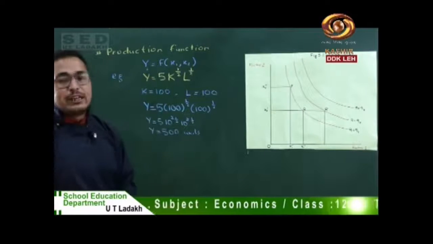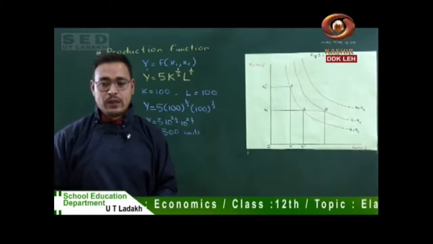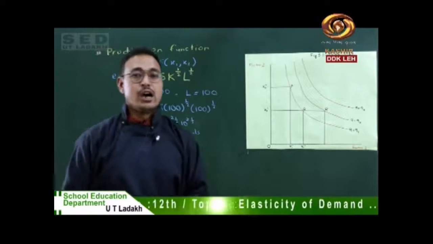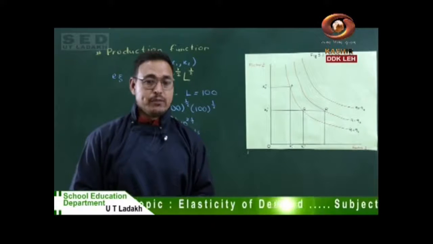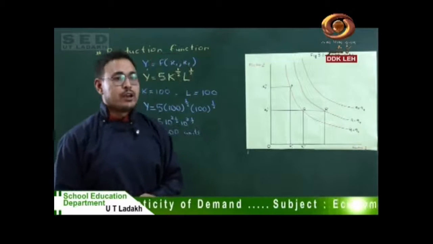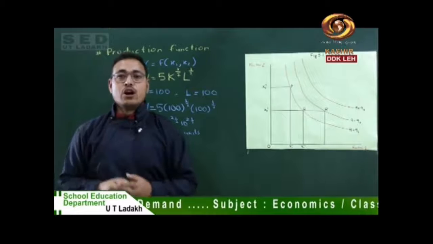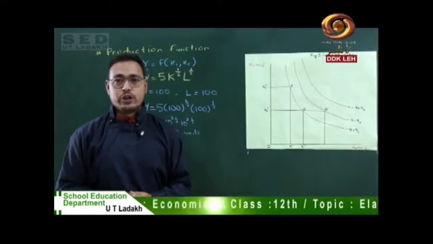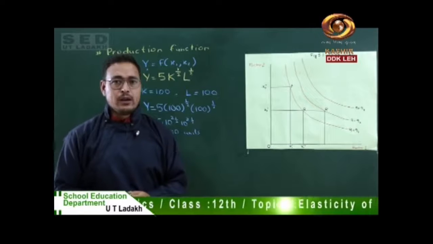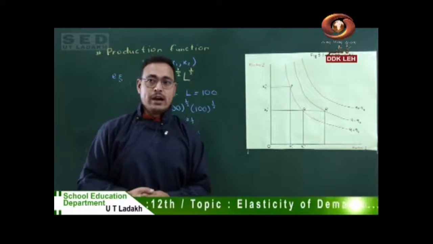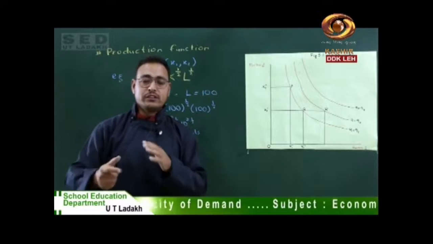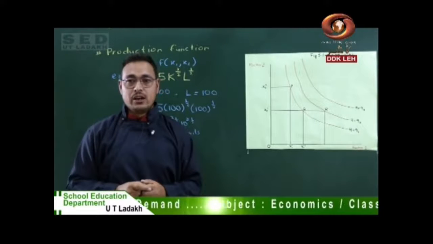This is a simple example that we are using. Now, under production theory, generally we use the time period to determine what will be the process. So we have long run production function and we have short run production function. While producing a quantity, a firm or a producer has certain kinds of rigidities.